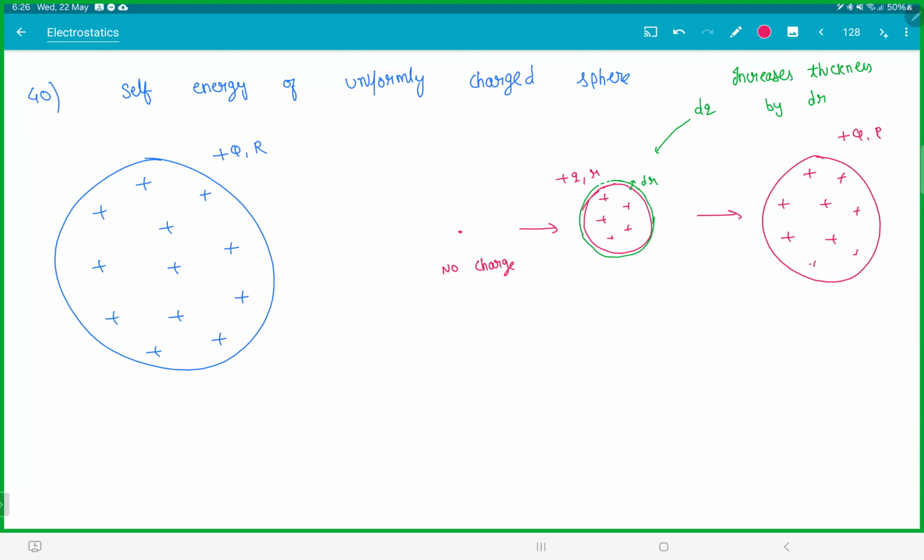3 square by 5r. Yeah, that looks right. Abhinav, Anusha, yeah. Let's see how to do that.